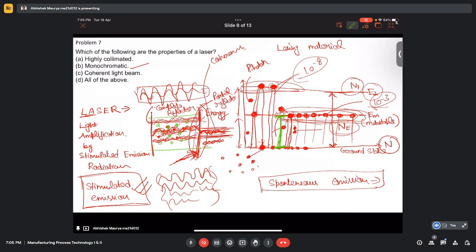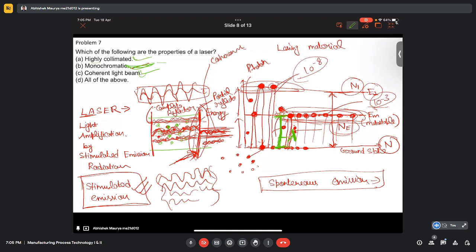Only the wavelength corresponding to this region is present. That's why the word monochromatic is used. So they are coherent, they are monochromatic, and they are highly collimated.